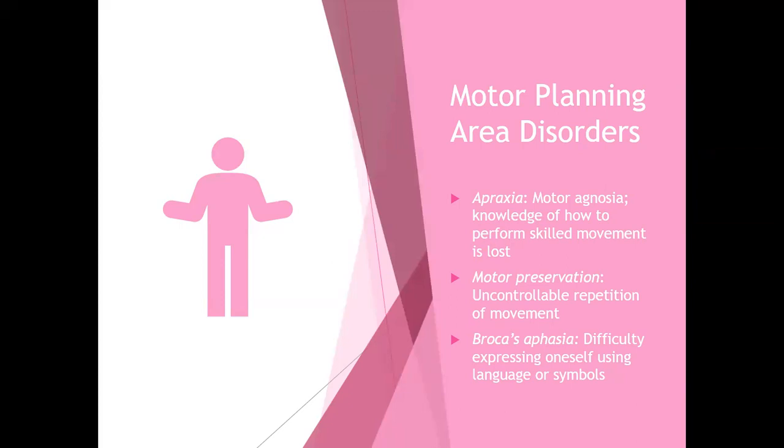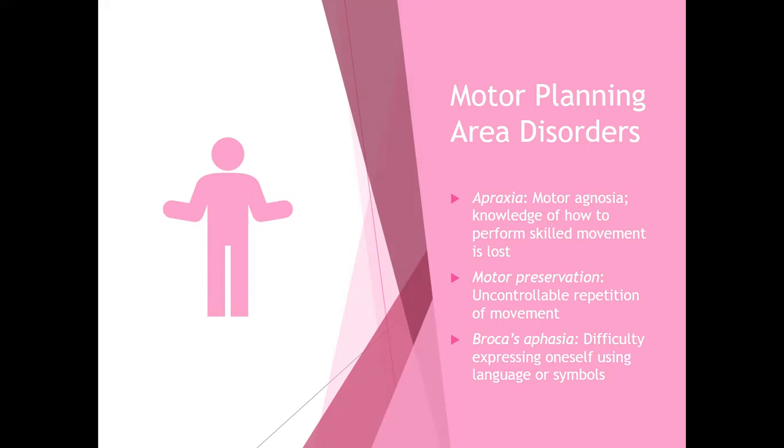You can't sequence movement like buttoning a shirt or brushing your teeth. Even though you have the physical ability to do it, you don't have the knowledge of how to perform that skilled movement. Can you regain it? Yes, with a lot of practice. But it's still difficult.